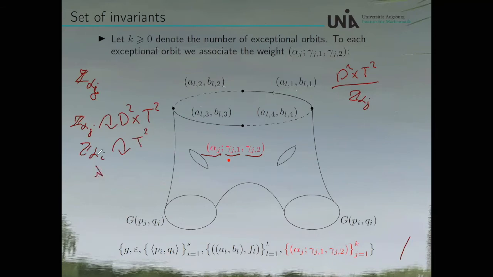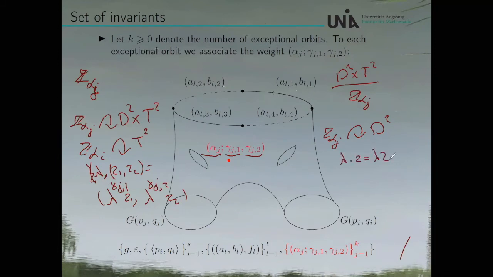If lambda is the generator, it is lambda to the power of gamma j1 z1, lambda to the power of gamma j2 z2. And the action of Z alpha j on D2 when we consider it as a unit disk in C is just the usual action.